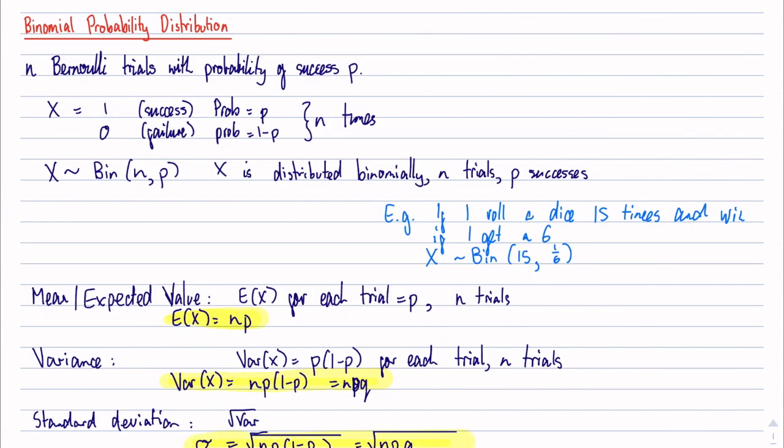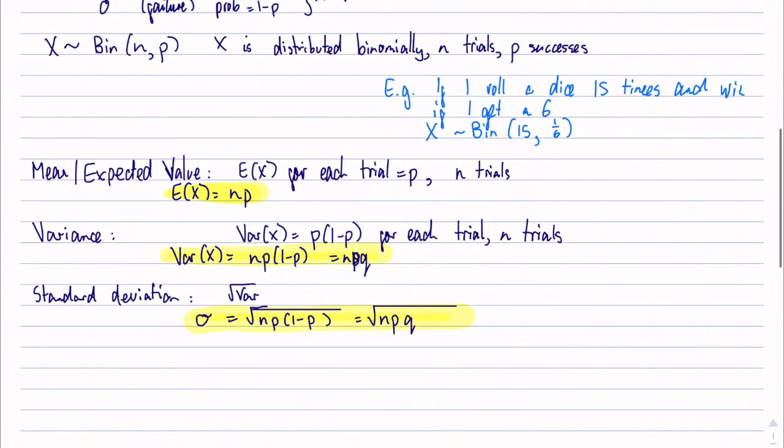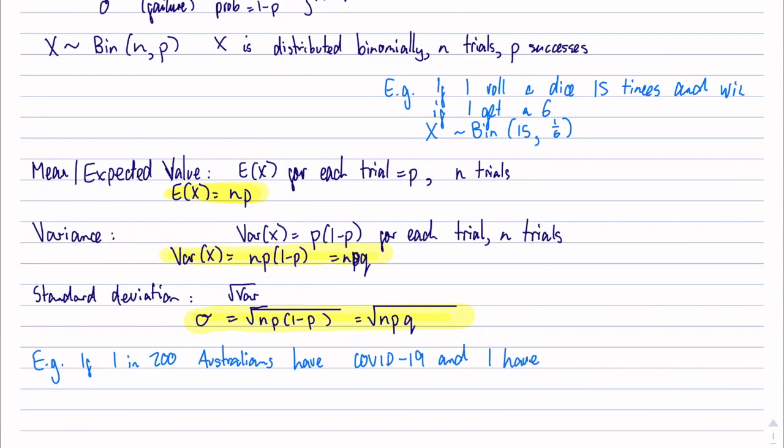So an example question you might get: if 1 in 200 Australians have coronavirus, and I have 30 people in my class, what is the expected value of X equals 30?